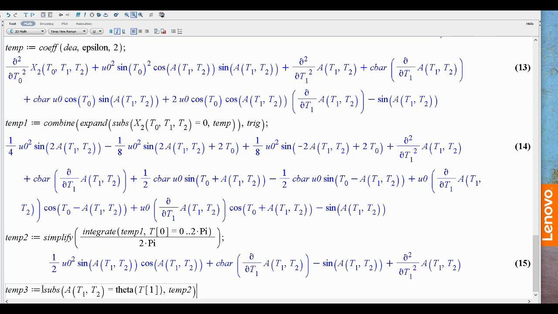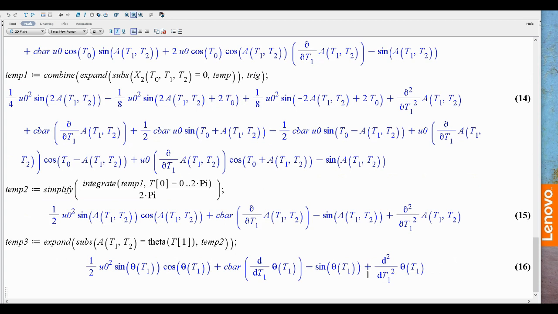Temp2, and we will say expand. Okay, so this is our equation now, and this equation is going to work with us.